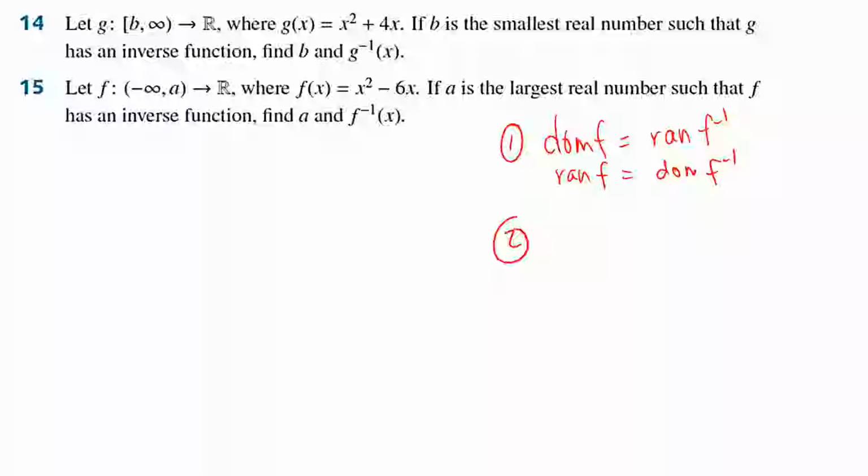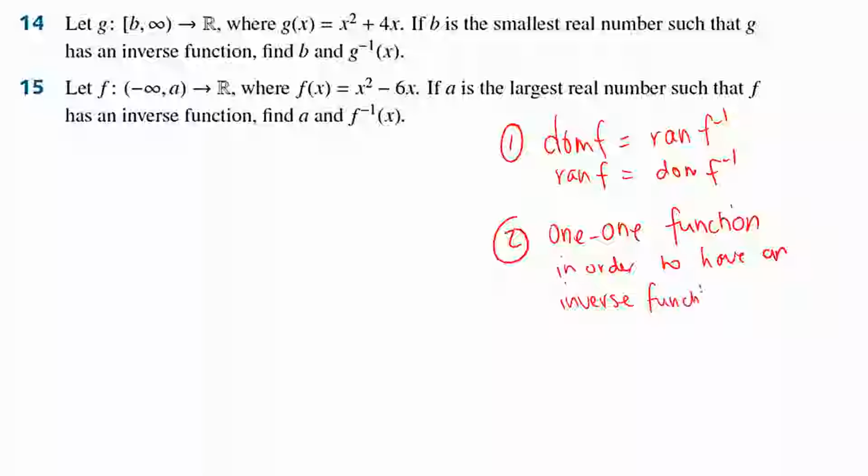What was the second property? Let's go with Juliet. It needs to be a one-to-one function for the inverse function to exist. Very good. It has to be a one-to-one function in order to have an inverse function, and the key word is function. Just out of curiosity, anyone remember, how do I test if it is a function or not?